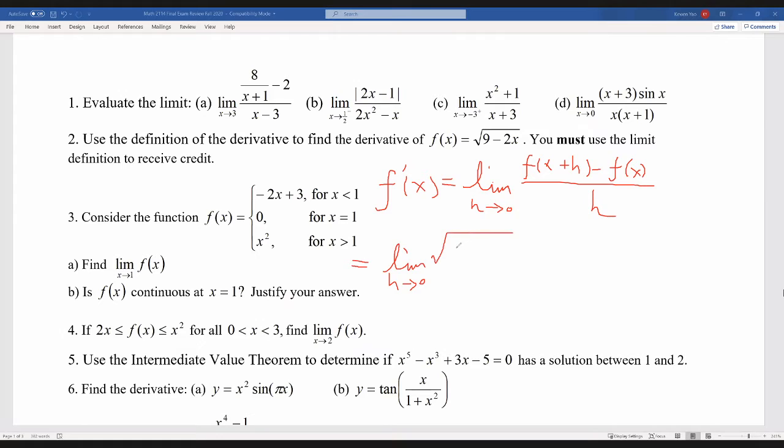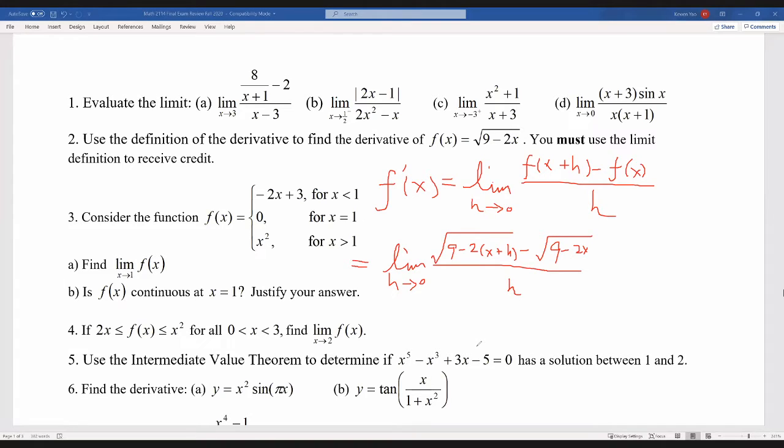That's the square root of 9 minus 2(x plus h), minus f(x), which is this, over h. How can we evaluate this limit here? You cannot use direct substitution, because if you use direct substitution, you get 0 over 0.